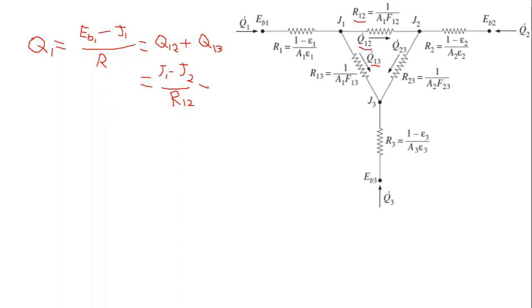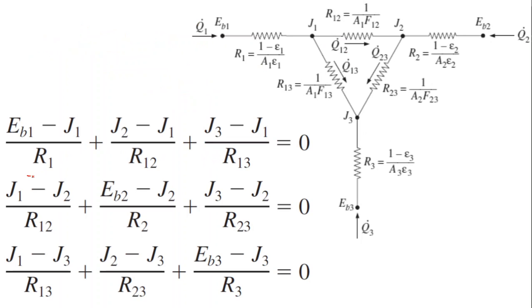In the same manner, we can find Q13 also. So when we arrange this big equation, EB1 minus J1 divided by R1 is equal to J1 minus J2 divided by R12 plus J1 minus J3 divided by R13. Afterwards, when we rearrange this equation, we get the final equation.